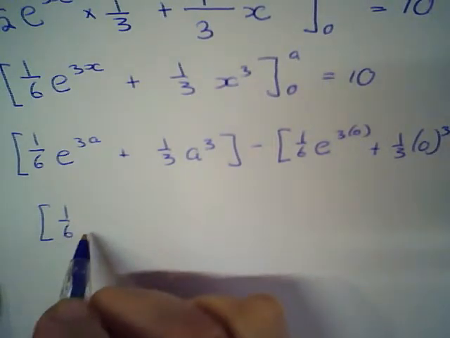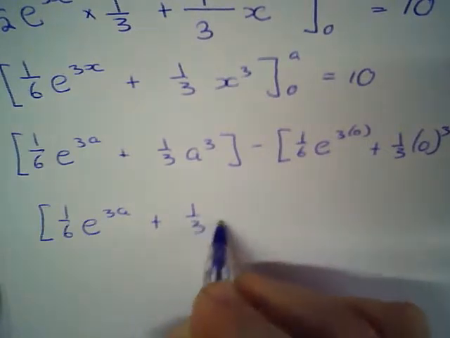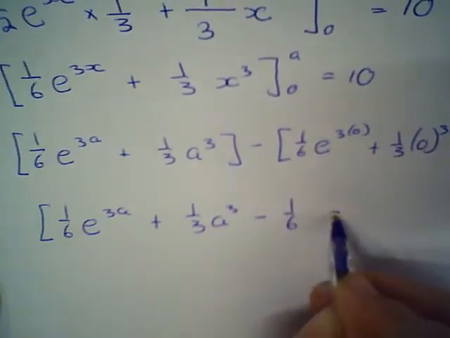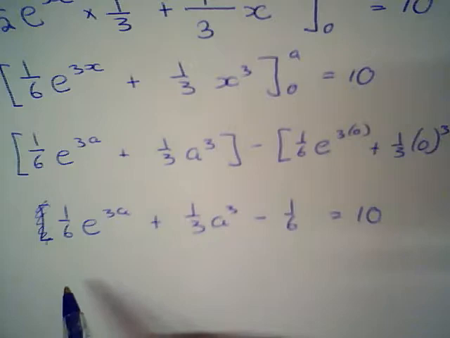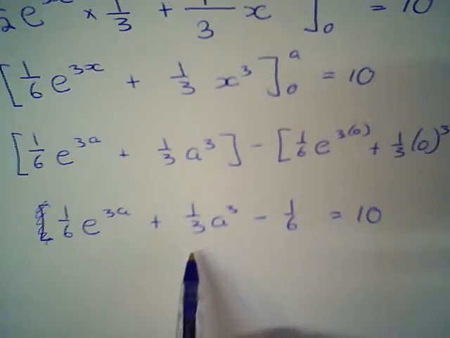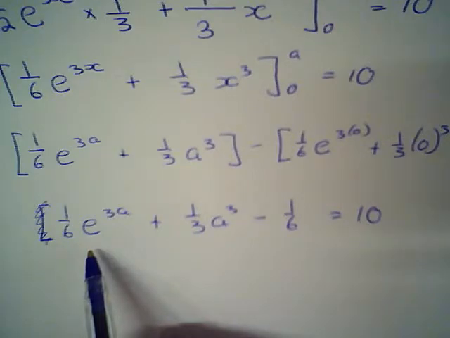So 1/6 e to the power 3a plus 1/3 a cubed minus 1/6 equals 10. Okay, actually I could eliminate that bracket there. Let's think about it. We want natural log, a third.